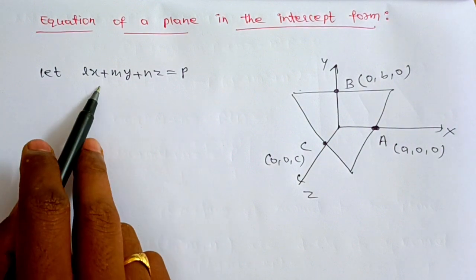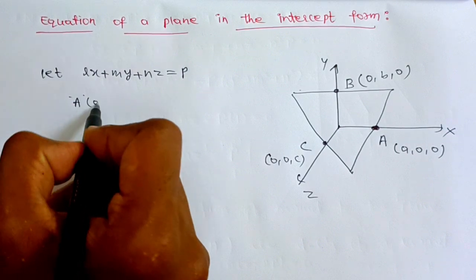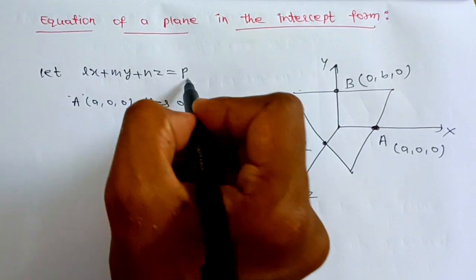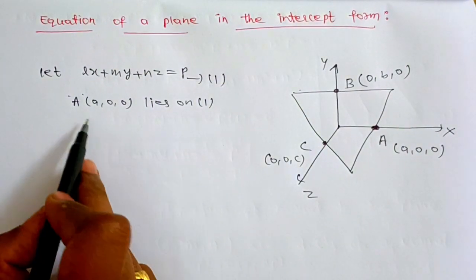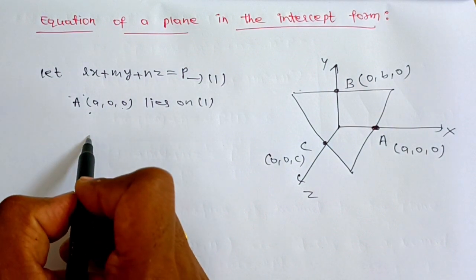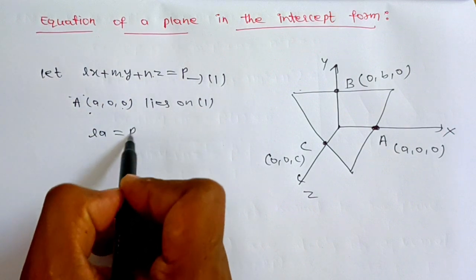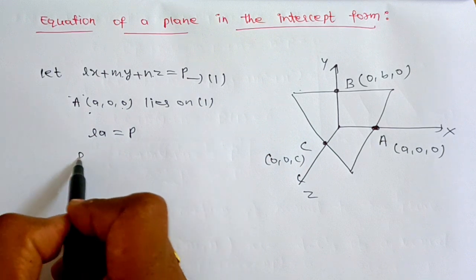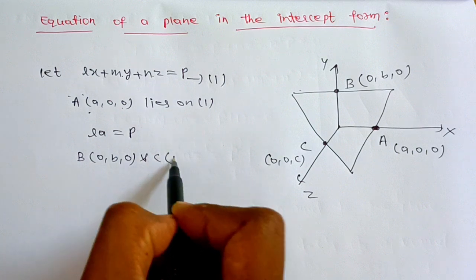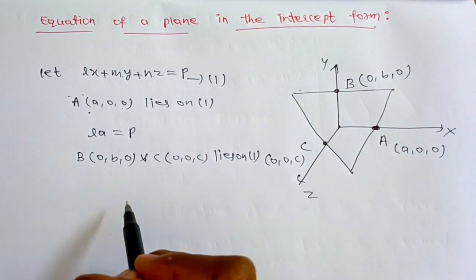Now let us consider the plane equation is lx plus my plus nz equals p. So first, this plane passes through the point A, that is (a, 0, 0) lies on equation 1. x is a, y is 0, z is 0. Substitute in equation 1, what will you get? l into a equals p. Similarly, B (0, b, 0) and C (0, 0, c) lie on equation 1.